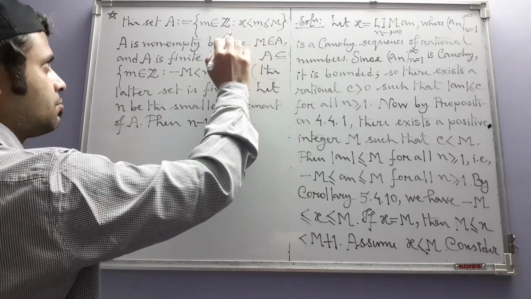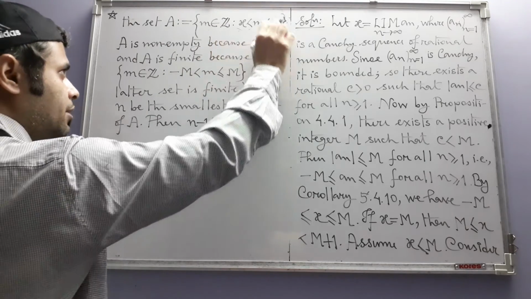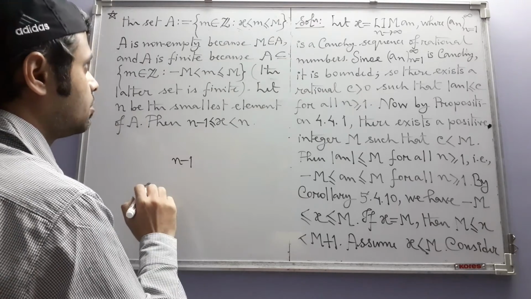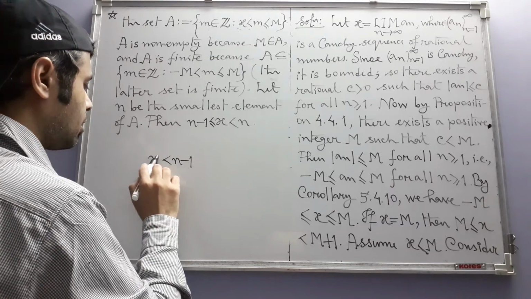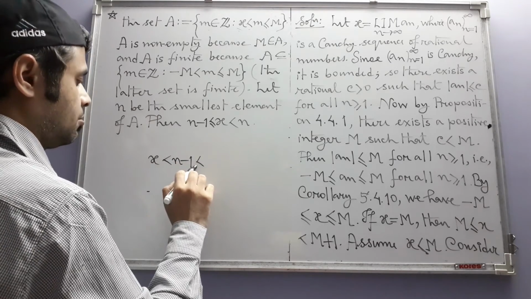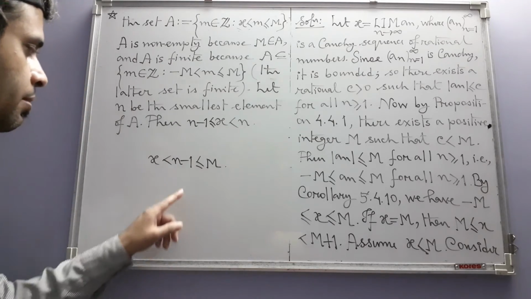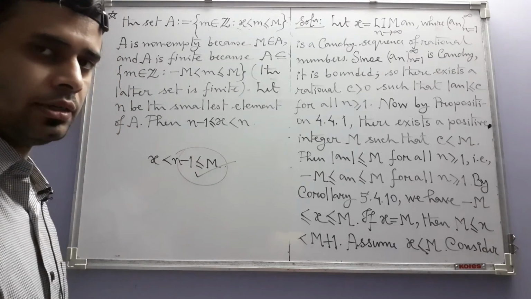N minus 1 is already an integer, but it will not satisfy these inequalities. The second inequality is already true actually.